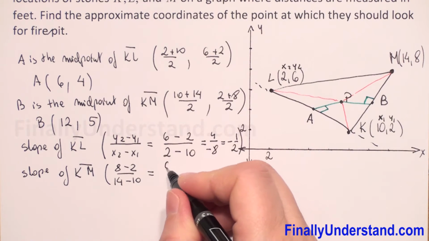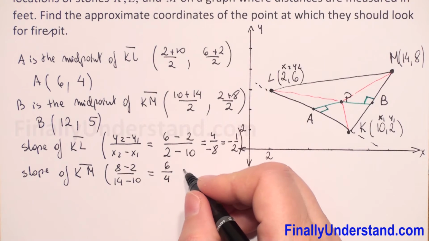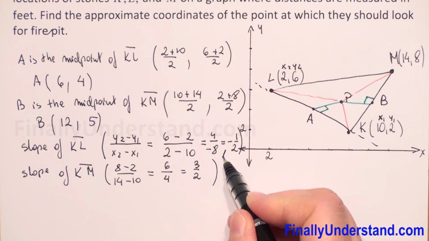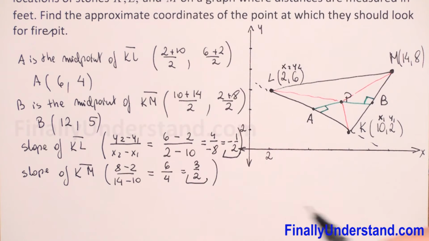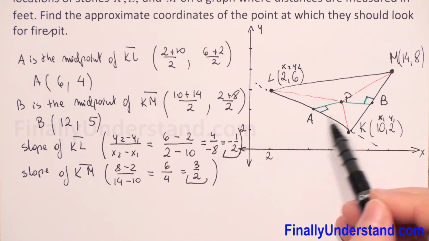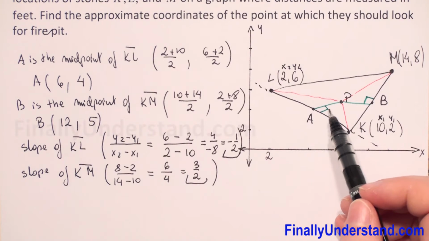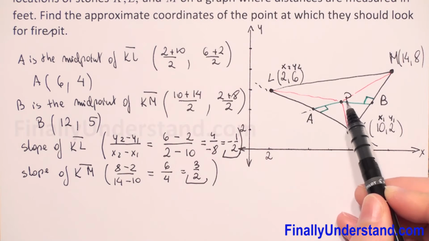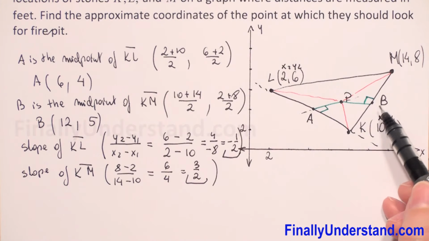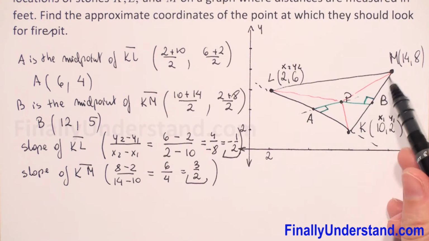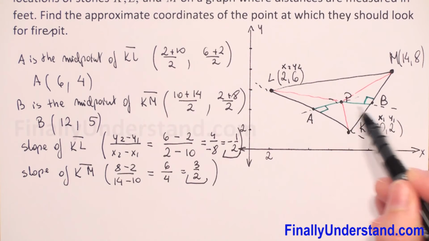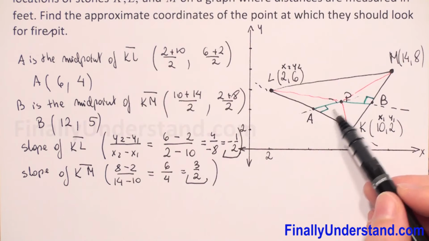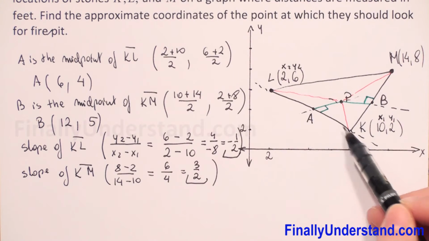So this is equal to 6 over 4. So this is 3 over 2. We have the slopes of KL and KM. Because we need to find the perpendicular bisectors, we have to find the slope of the line which is perpendicular to KL and perpendicular to KM. PB is perpendicular to KM, and PA is perpendicular to KL.